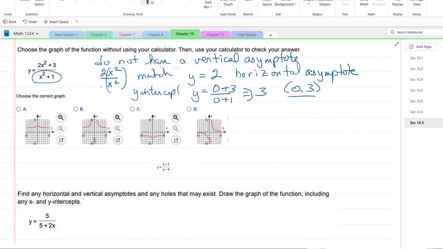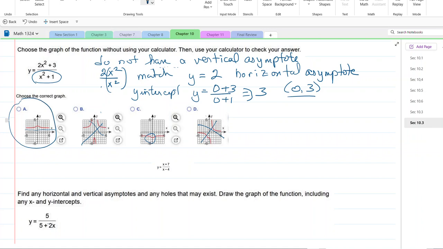We don't have any x-intercepts, but we do have a y-intercept. It is continuous. Well, this one is negative, so that doesn't fit the bill. It doesn't have a vertical asymptote, nor this condition here, to my way of thinking. Have that y equals 3 horizontal line. So it's going to be the first one.